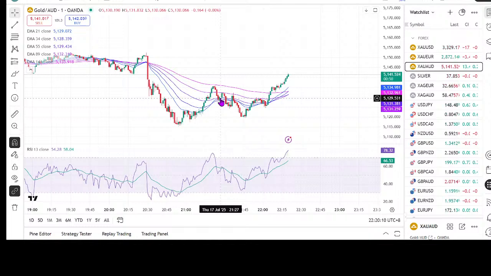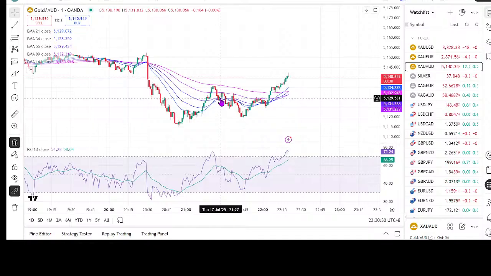Let's wait for additional clues. We don't want to chase and incur loss again and again. So the main thing we can do now is take the next trades after the confirmation of a turn.